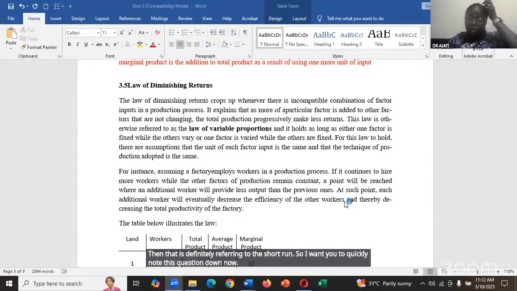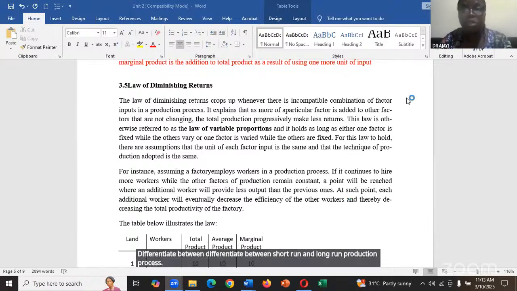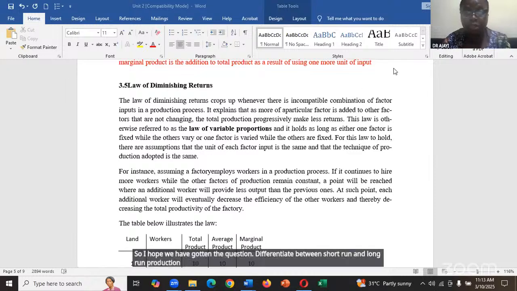Differentiate between short run and long run production process. So I hope we have gotten the question.